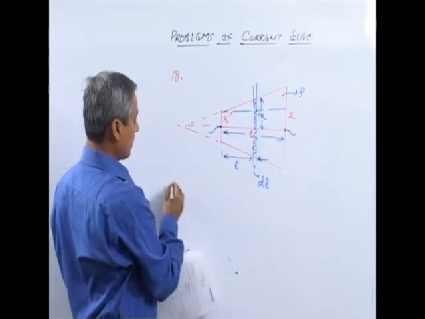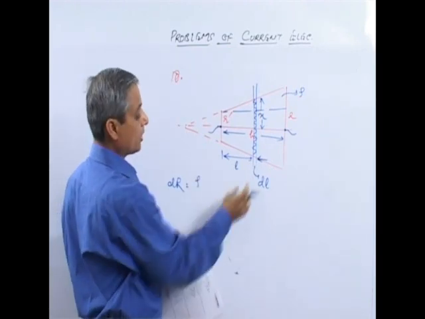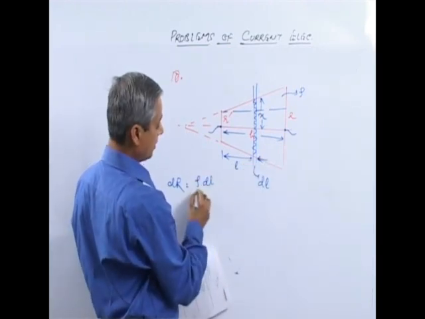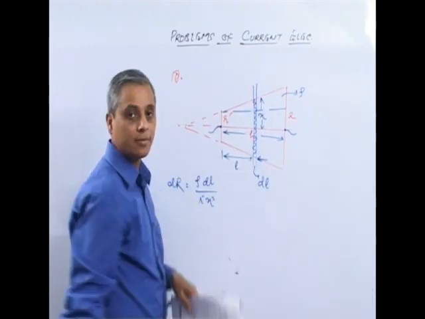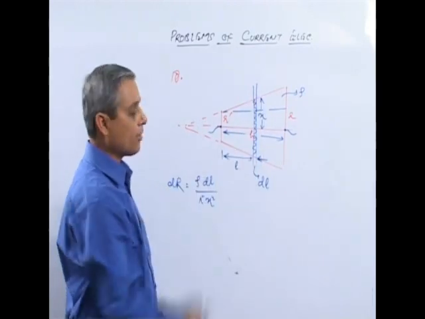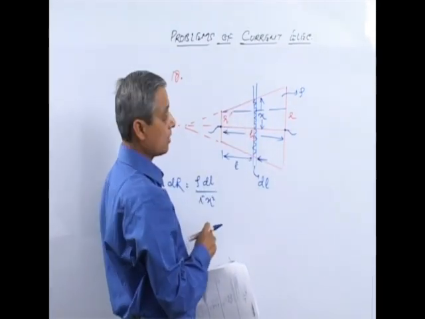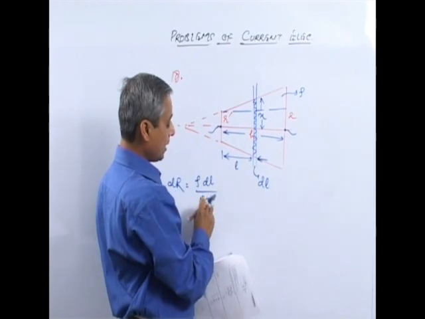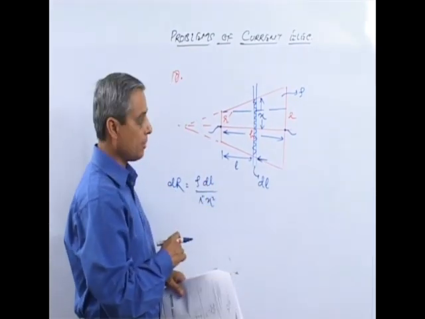Now we try to calculate the resistance of this element dR, that is rho L, where L is dl, divided by area, which is pi x square. To calculate its resistance, we have to find x here, because the integral variable is L and here the variable is x.